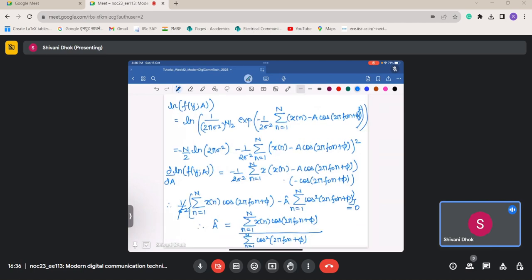So this is your ML estimate for A. Any questions?